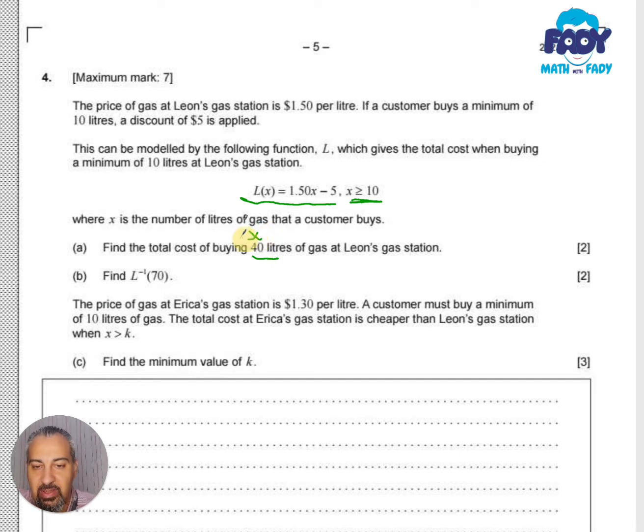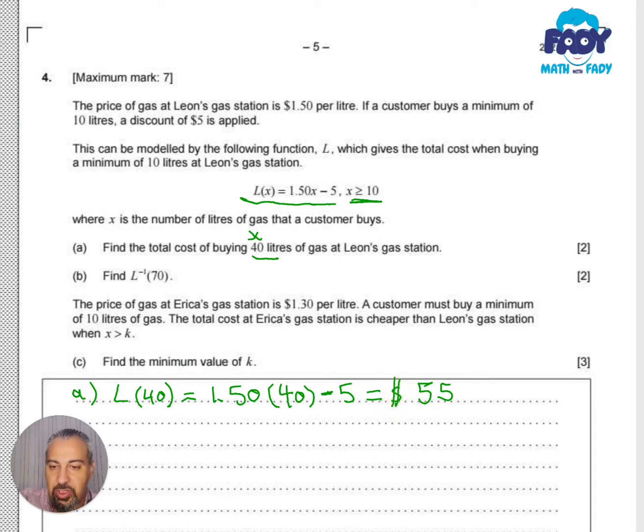So we'll plug this x to get the total cost, L. So L of 40 equals 1.50, instead of x we will plug 40, then minus 5. We will use the calculator, and this will be $55. This is part A.